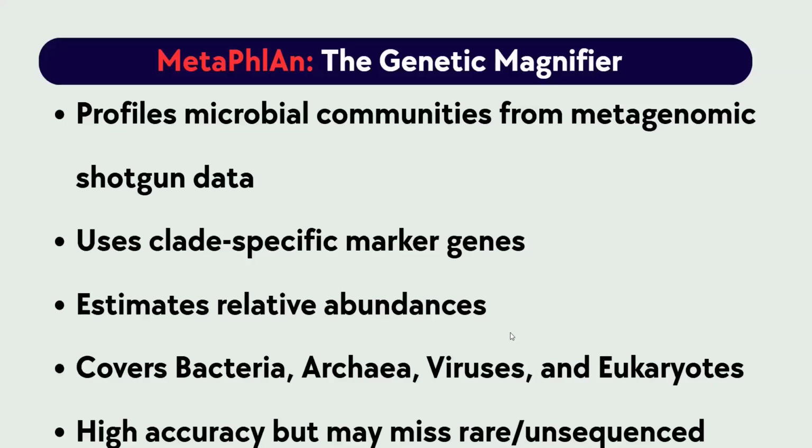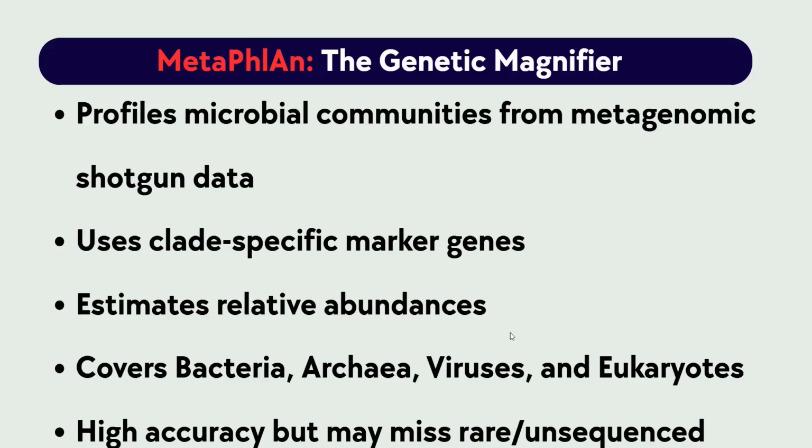MetaPhlAn, as we have previously mentioned, is like our expedition magnifying glass. It doesn't try to scan everything. Instead it zooms in on very specific DNA clues that are unique to certain microbes. Using millions of carefully chosen marker genes from over 27,000 species, it gives us extremely accurate results.